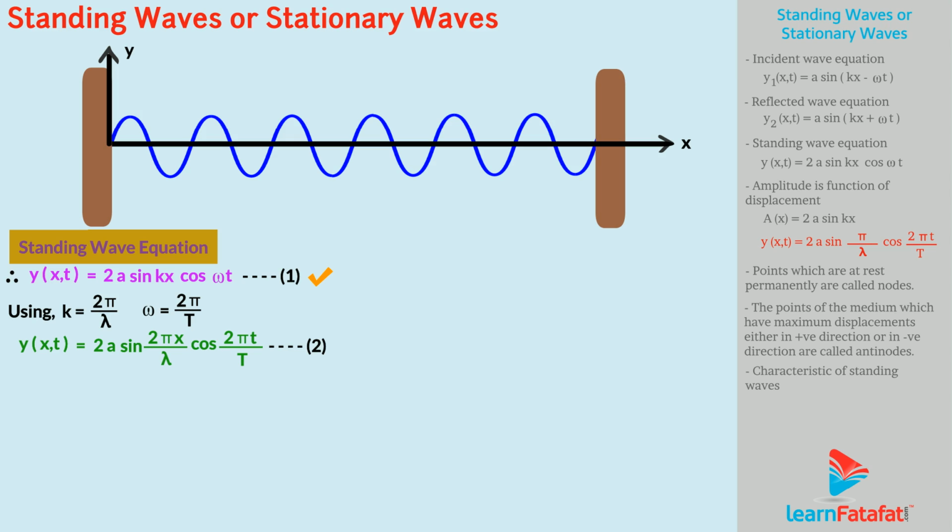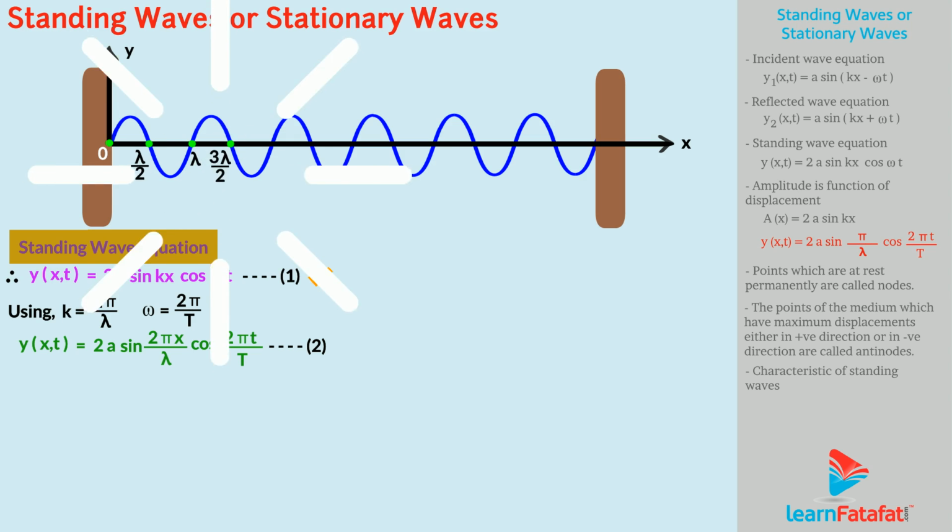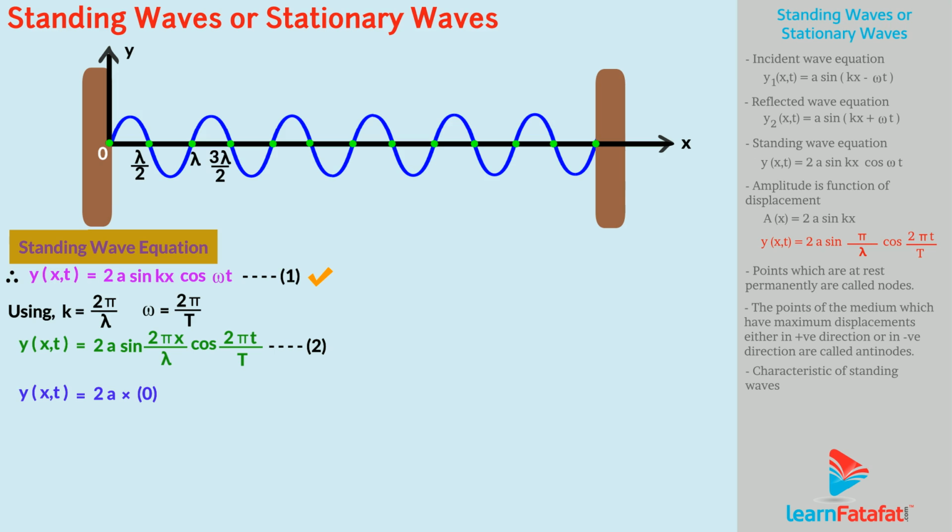Now, at some points located at x = 0, λ/2, λ, 3λ/2, the function y(x, t) = 2a × 0 × cos(2πt/T) = 0.